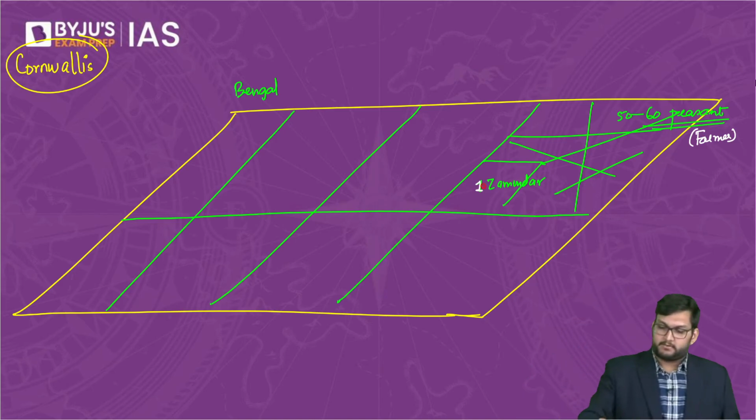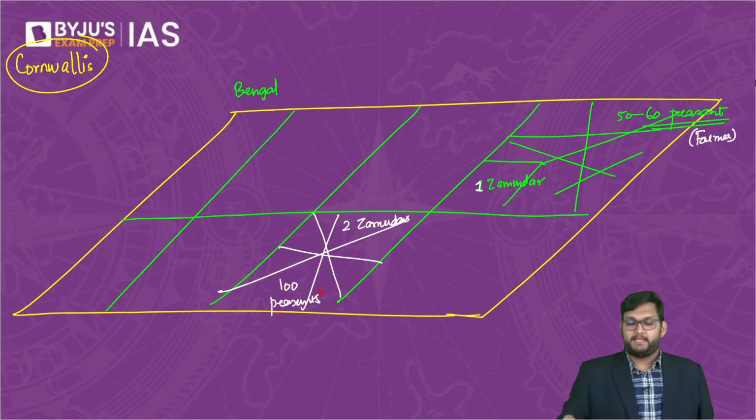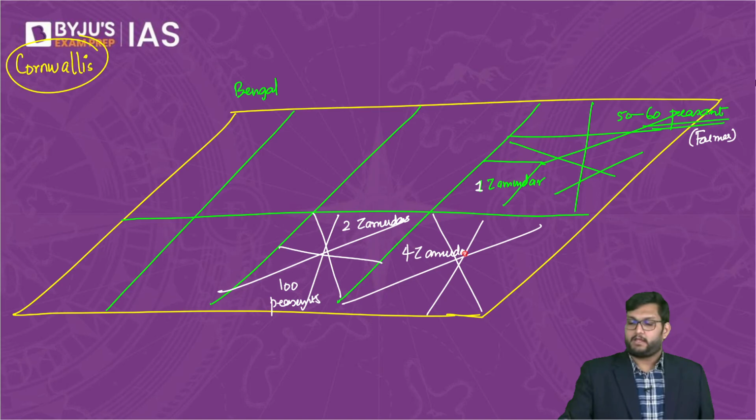In this Suba, there are 2 zamindars and 100 peasants. In this, there are 4 zamindars and close to 50 peasants.